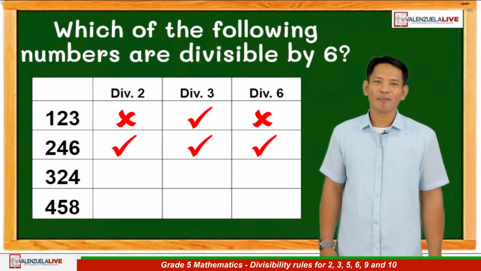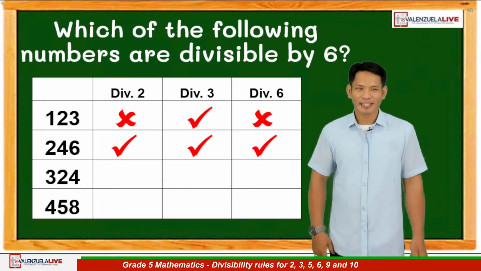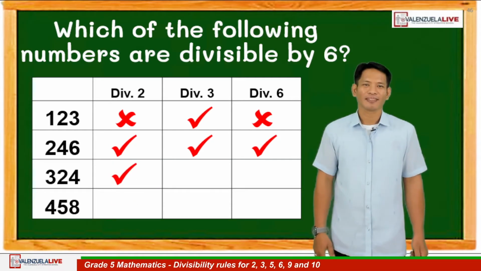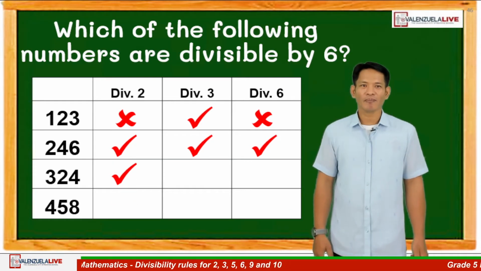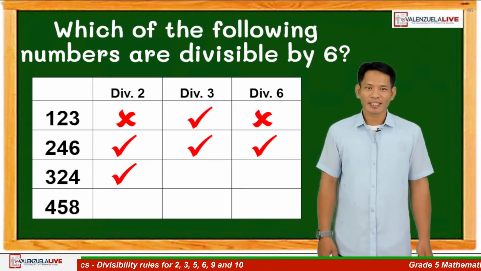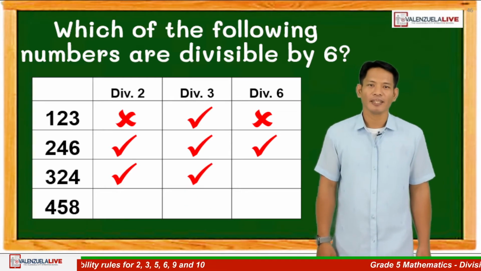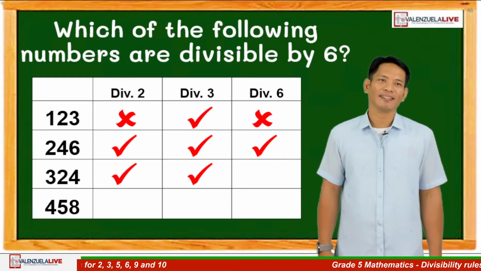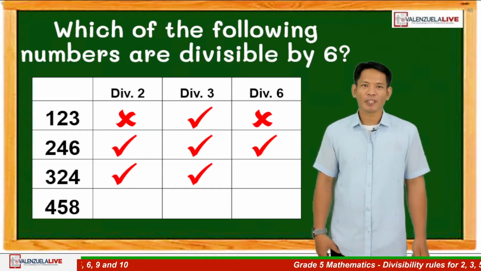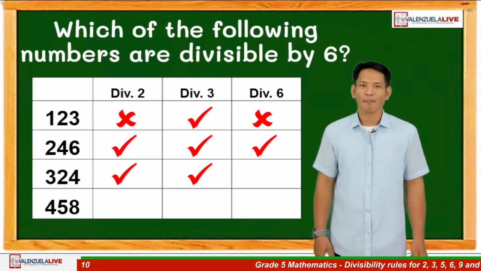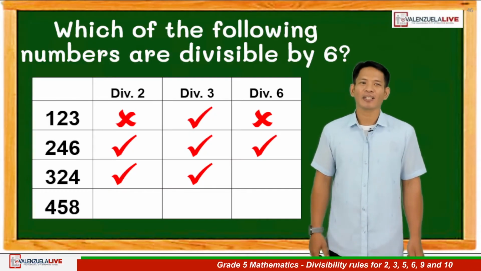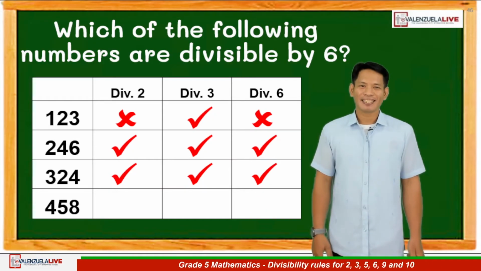How about the next number, 324? Is it divisible by 2? Very good. How about by 3? Yes, it is also divisible by 3 because the sum is 9. Since the number is divisible by 2 and by 3, therefore, it is also divisible by 6.